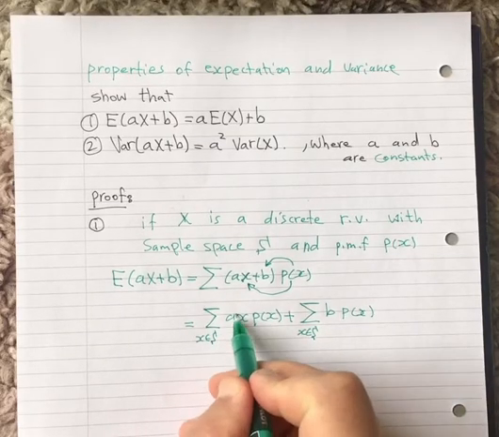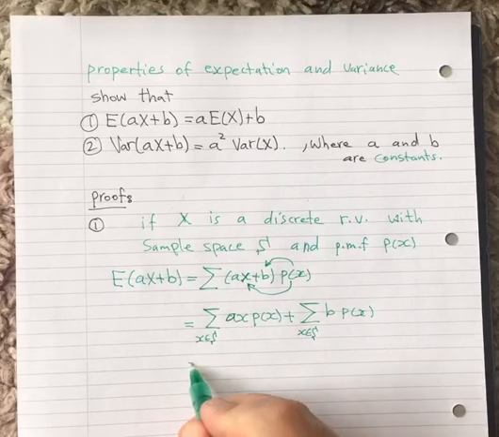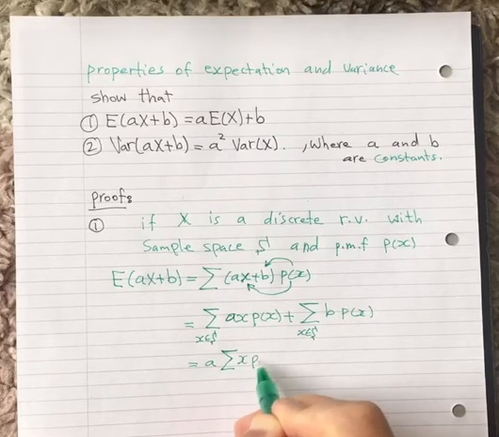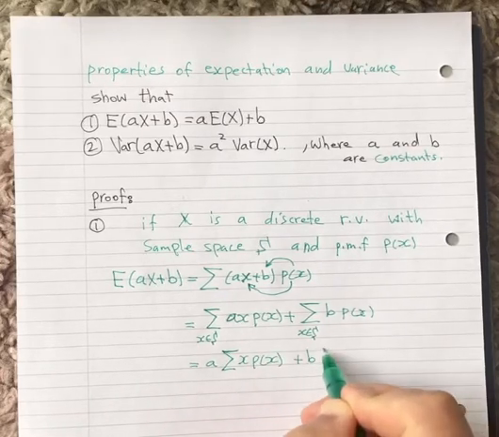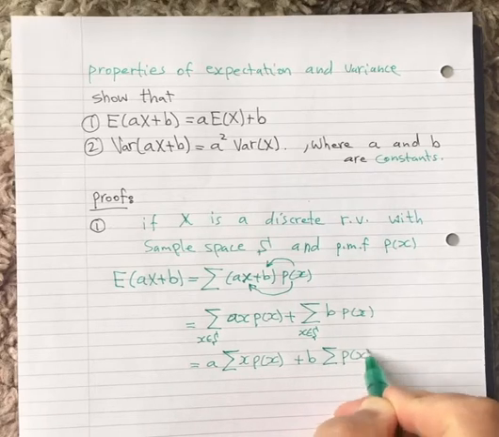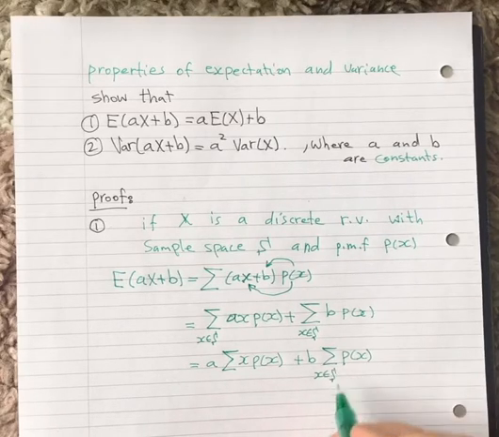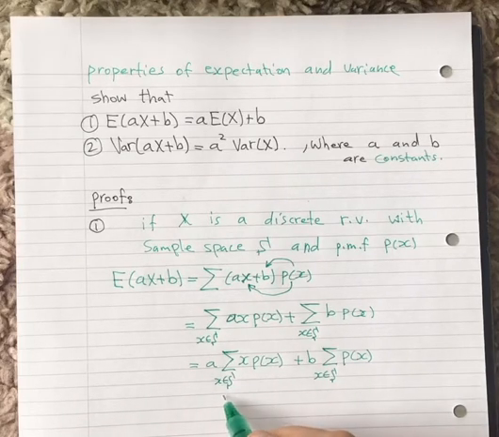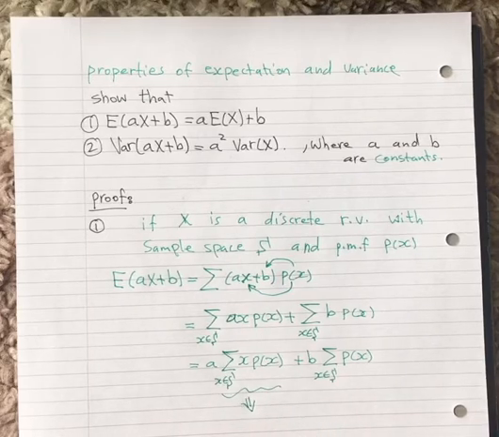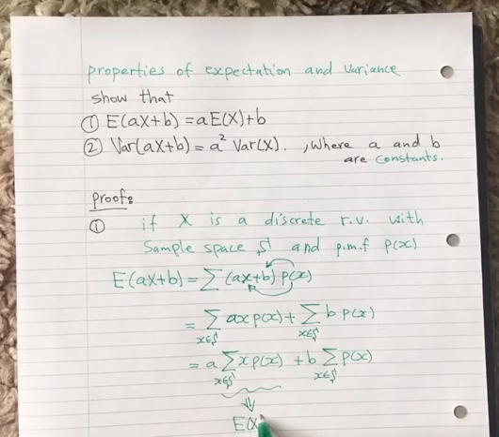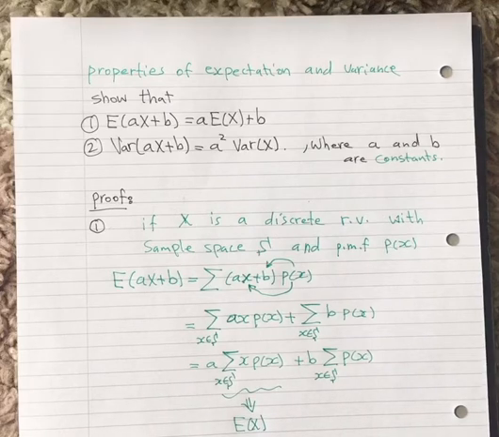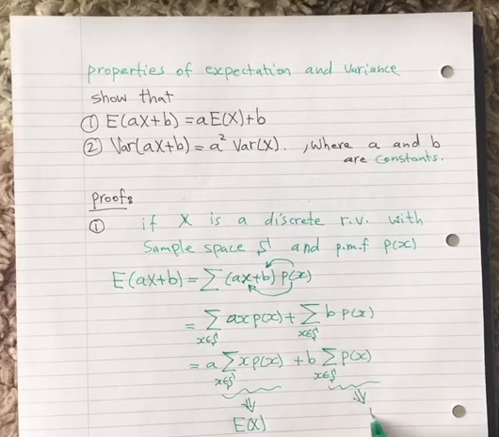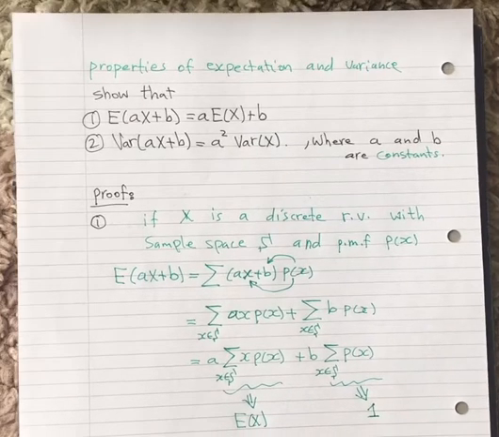Then, because a and b are constants, we can take them outside the summation. So it will be a times the summation of x p of x plus b times the summation of p of x, with x belonging to the sample space, and the same thing here. As we know, the sum of x p of x is the expectation of x from the definition of expectation, and the sum of p of x over all the values of x gives us 1.